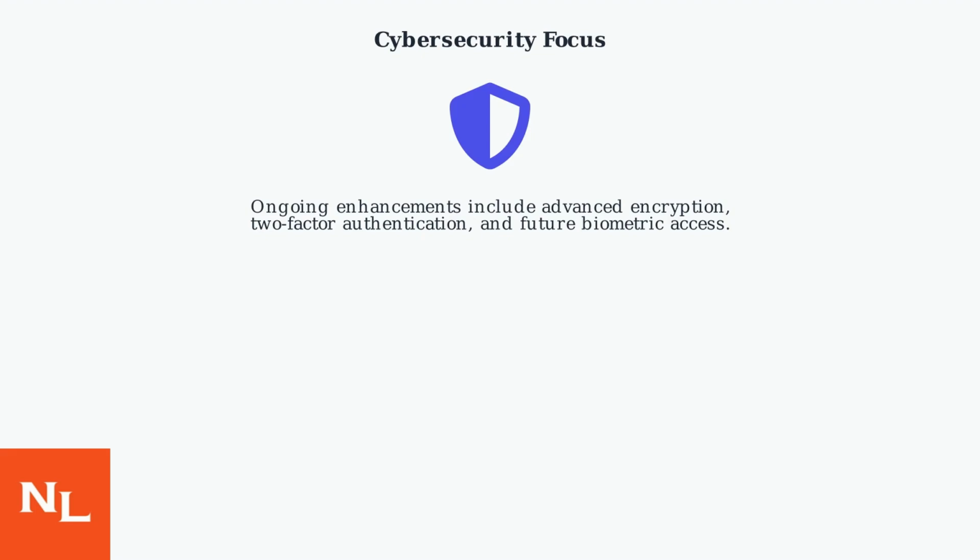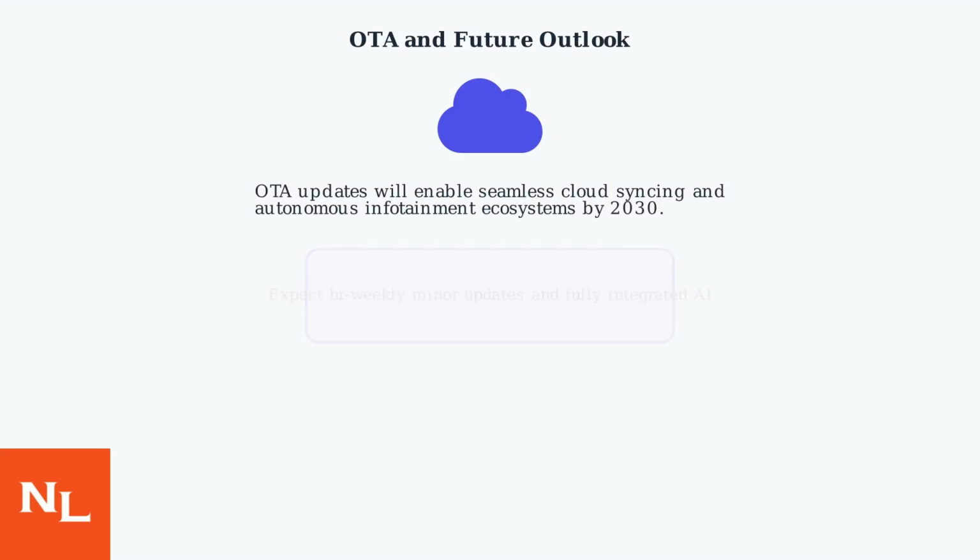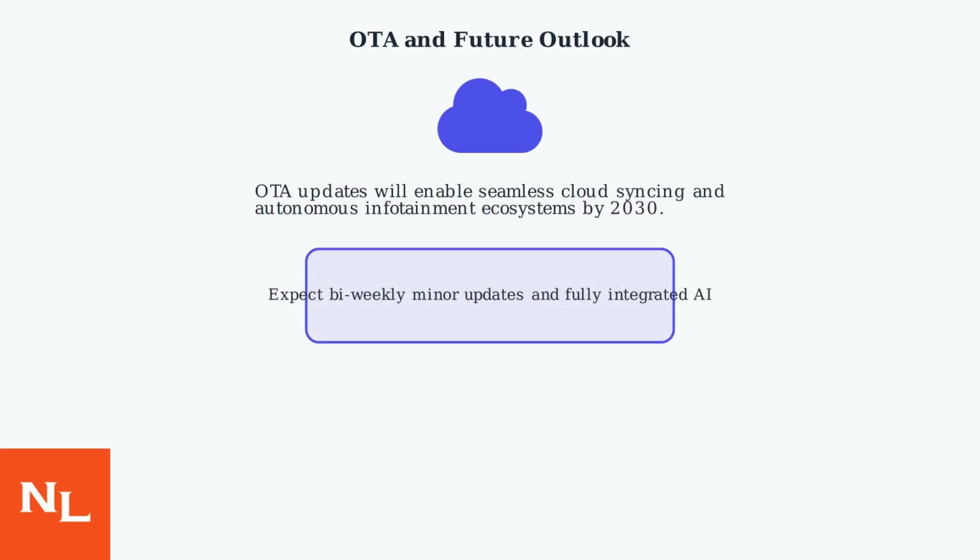Future developments may include two-factor authentication and biometric verification for secure updates. Building on OTA update methods, the future promises fully autonomous infotainment systems with seamless cloud integration. Seat aims for bi-weekly minor updates, enhancing vehicle capabilities through continuous software evolution.